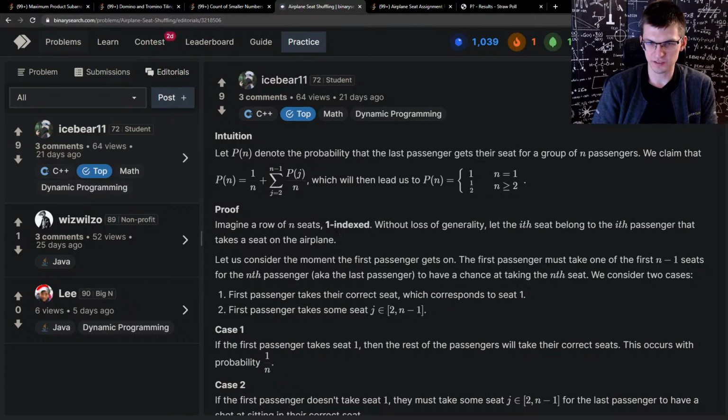Imagine a row of n seats, one indexed. Okay, maybe first, intuition. Probability that the last passenger gets their seat for a group of n passengers. Oh, okay, just for this n. We claim that P of n is 1 over n plus sum over smaller n and some induction.